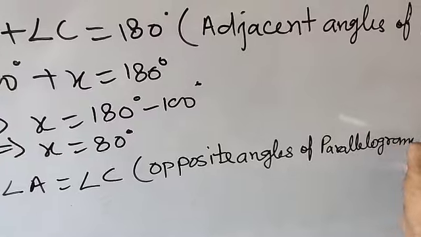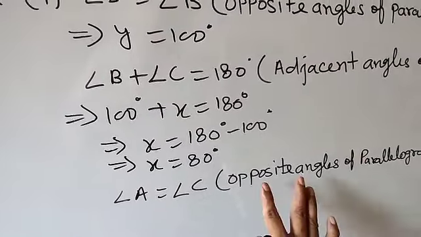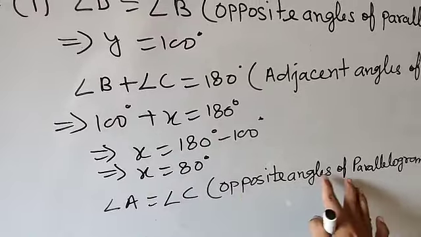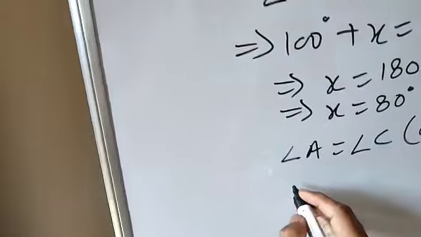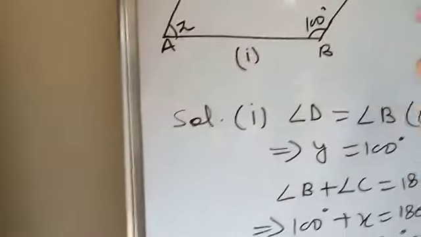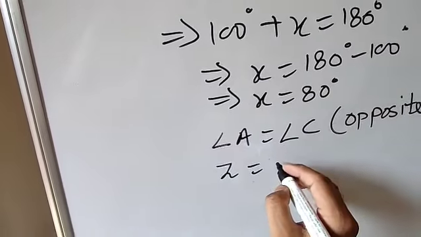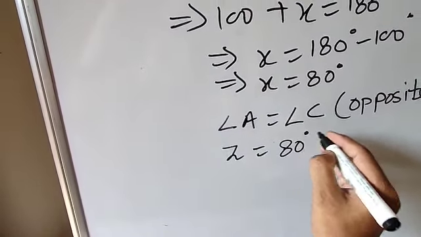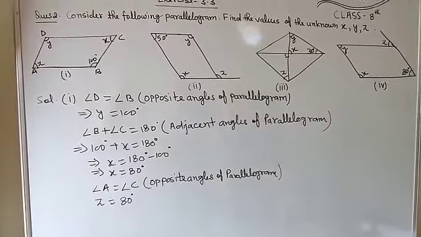Students, you need to give the reason also. Why are you making these two angles equal? The reason is the property that opposite angles of a parallelogram are equal. So angle A is z and angle C is x, and the x value you got is 80 degrees, so z is 80 degrees. So this is the complete solution of the first part of the question.